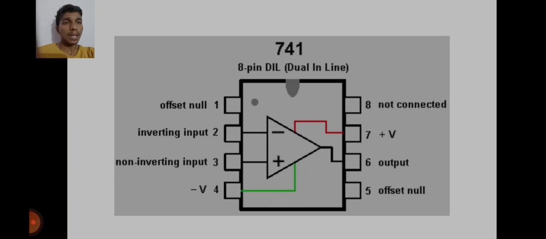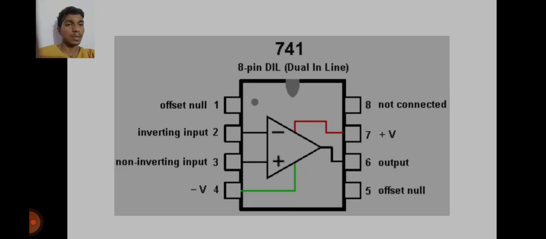This is the pin configuration of IC741, which comes in metal can, dual inline package, and flat type also. But here we are widely using the DIP package only, that is the dual inline package, which has 8 pins. The first pin is the offset null and the second pin is the inverting input as mentioned previously. The third pin is the non-inverting input. These two are the high impedance inputs, and the output pin is pin 6, where the amplified output is taken.